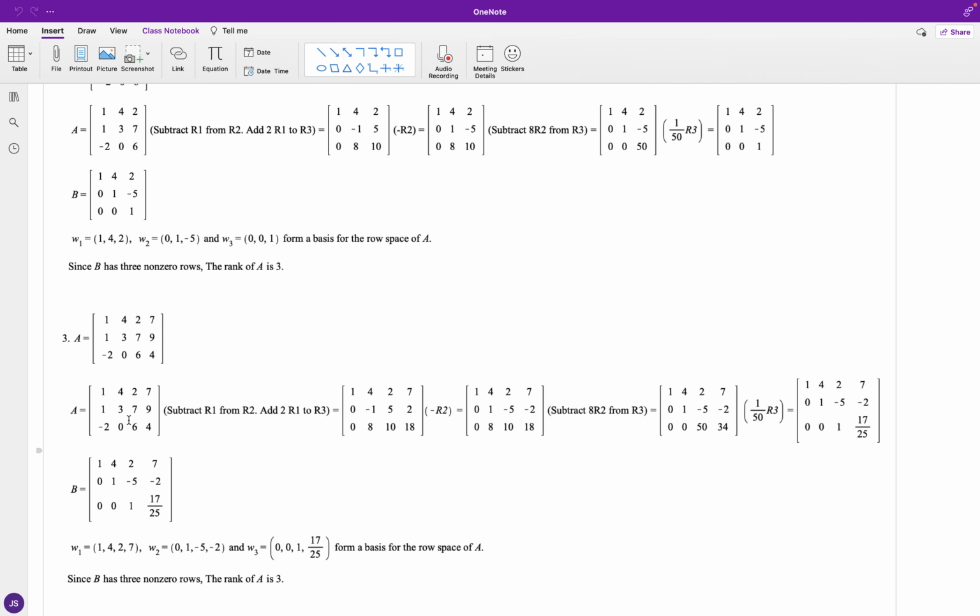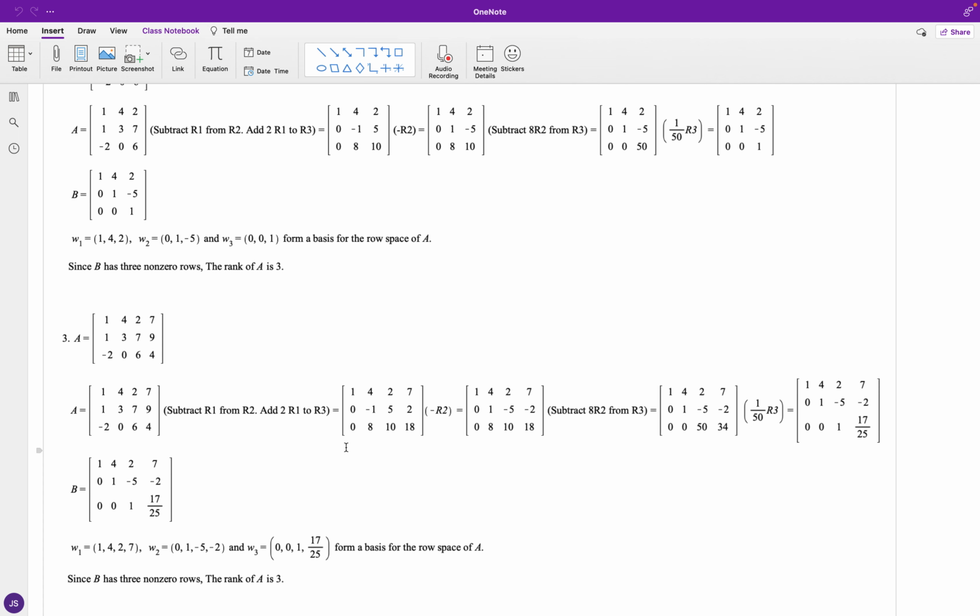So looking at the process, I change the 1 in the second row to 0 by subtracting the first row from the second, and changing the third row, where the leading coefficient is going to be changed over from -2 to 0. I'm also going to add twice the second row to the last row.